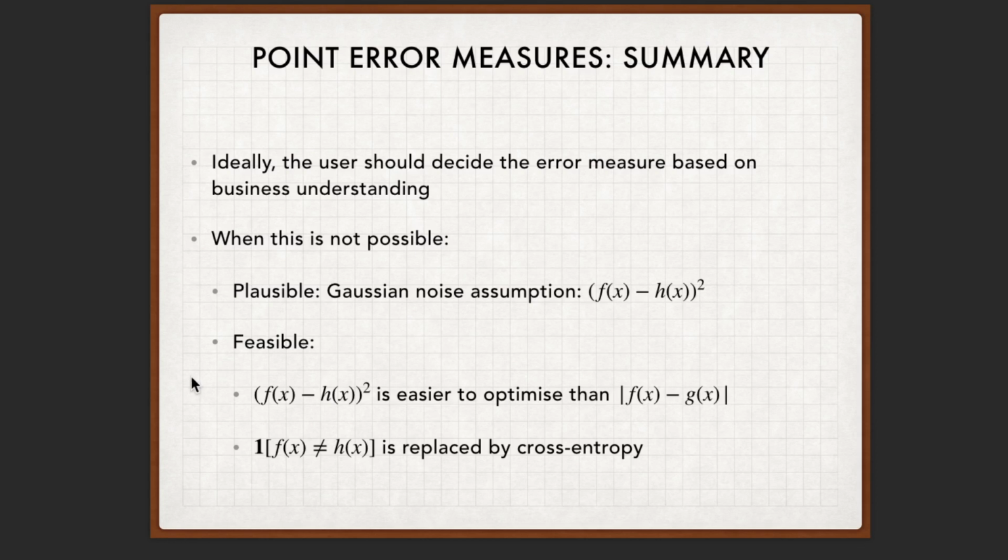So then in practical design, it may come down to two other principles. First, plausibility. Sometimes by some analytic discussion, you may find some error measures have some theoretical justification, and we may as well employ them. For example, in many prediction problems, we may think the target value follows a Gaussian distribution around the correct value, then we can employ the squared error.